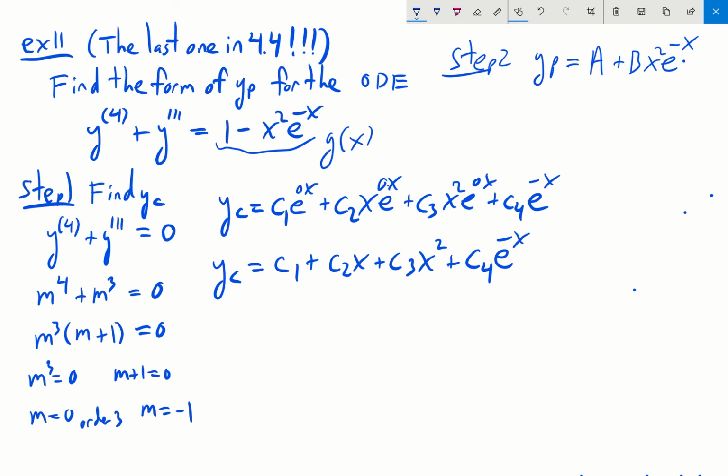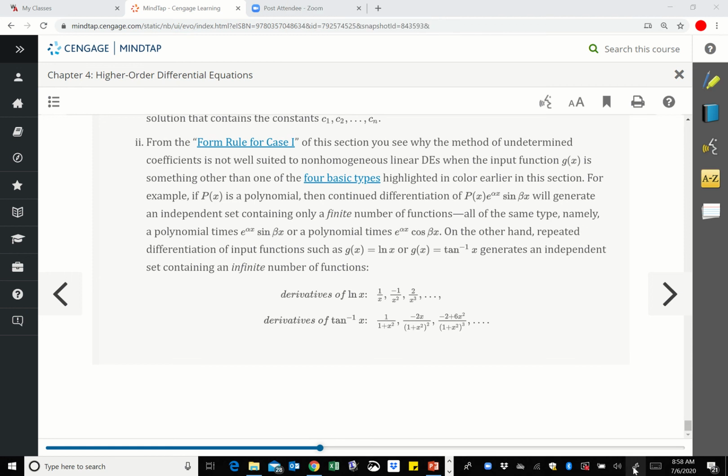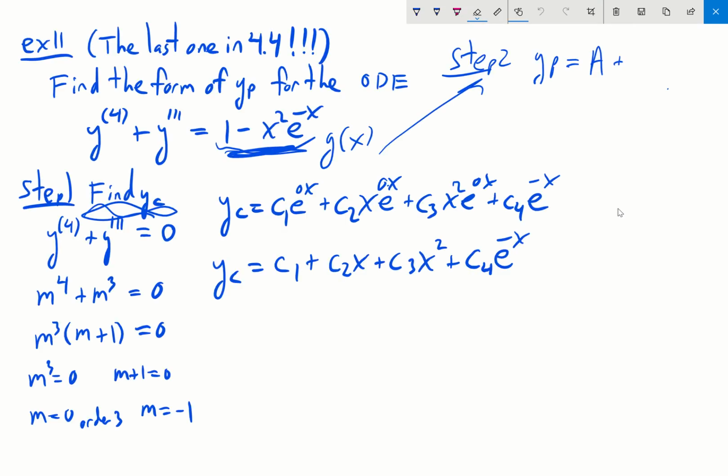And actually, furthermore, I forgot to write this, but because it's an x squared times e to the negative x, we could have that polynomial. Okay, so as I was saying a moment ago, because we have the x squared e to the negative x here, it would be a polynomial of degree 2 times e to the negative x.